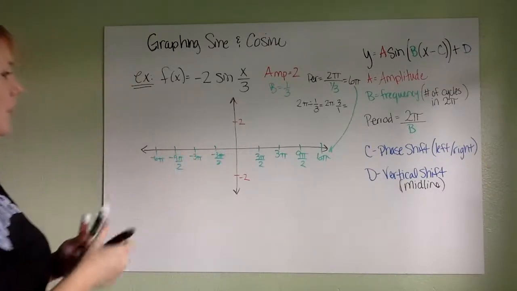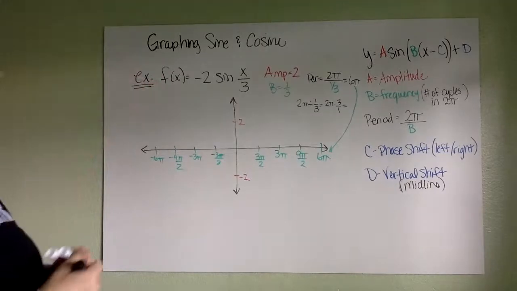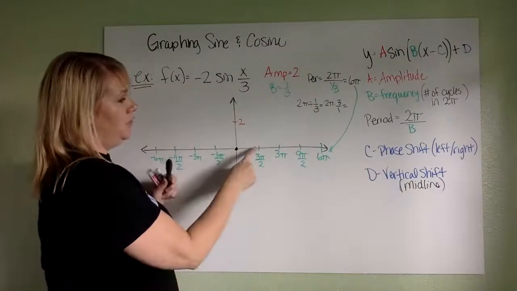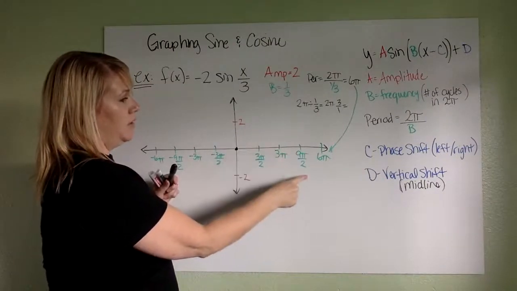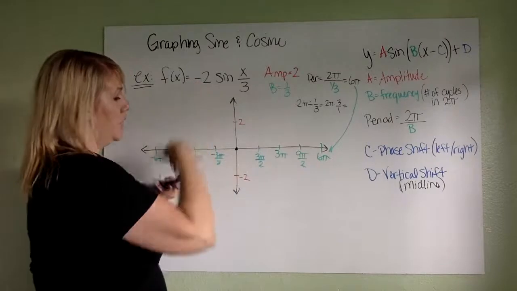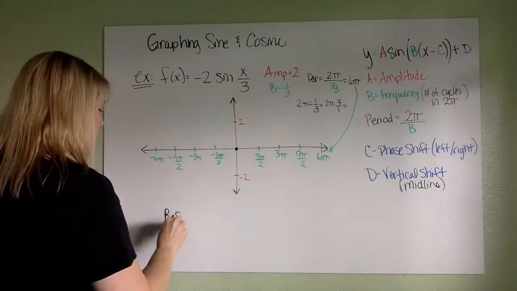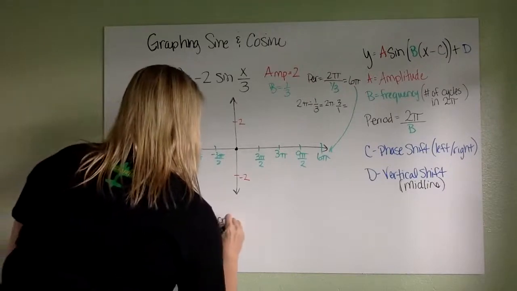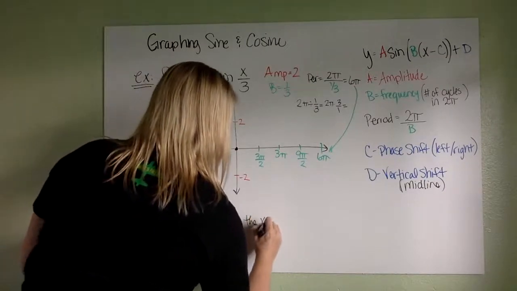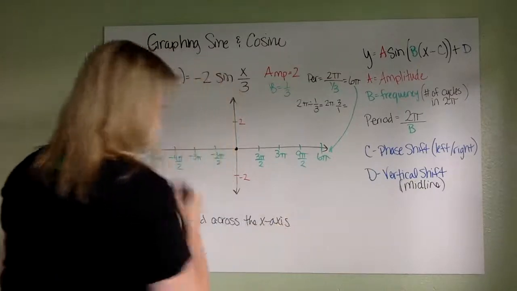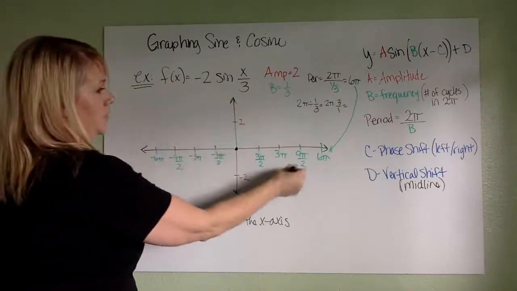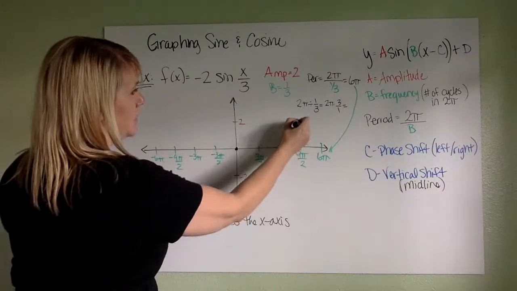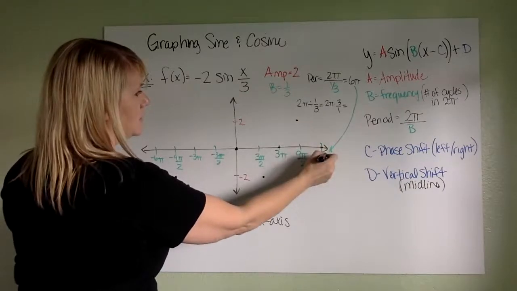Okay, and since we're graphing the sine function this time, the graph would start at the origin. Then the first mark would be a maximum, a 0, a minimum, a 0. But this negative right here is reflecting across the x-axis. Which means that instead of it going up, middle, down, middle, it's going to go down, back to the x-axis, up, back to the x-axis.